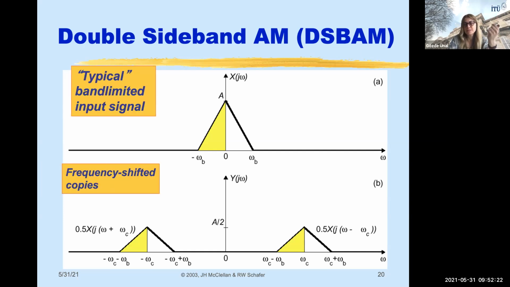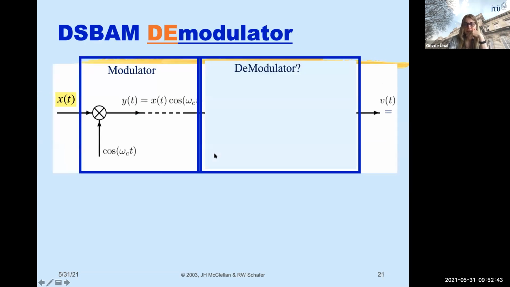This is already frequency shifted copies. I told you in the first hour, let's say the white half of the triangle is the upper sideband, the low frequencies, and the yellow shaded part is the lower sideband, the negative frequencies.